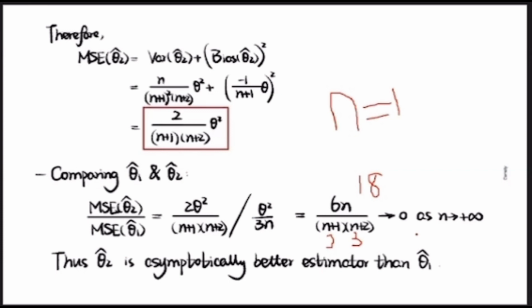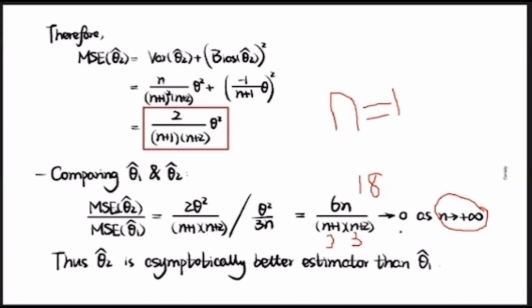So by the time the sample size goes to infinity, you expect the whole of this to tend to 0. When the sample size is 1 and 2, they are equal. If I want to conclude, I need to be cautious.